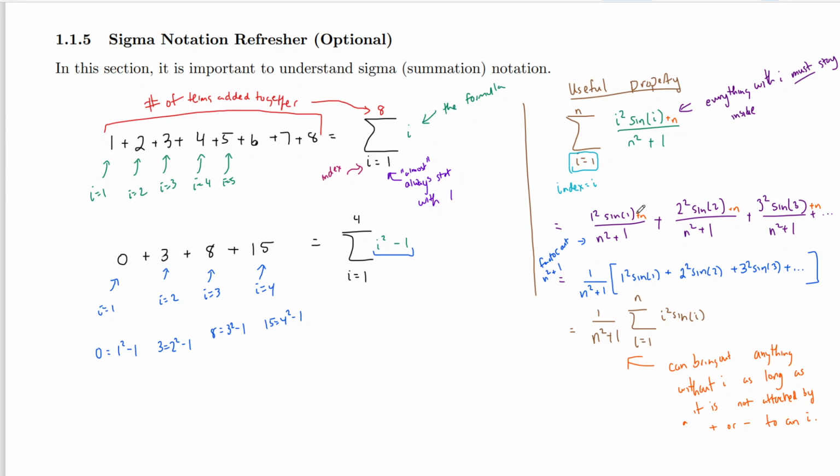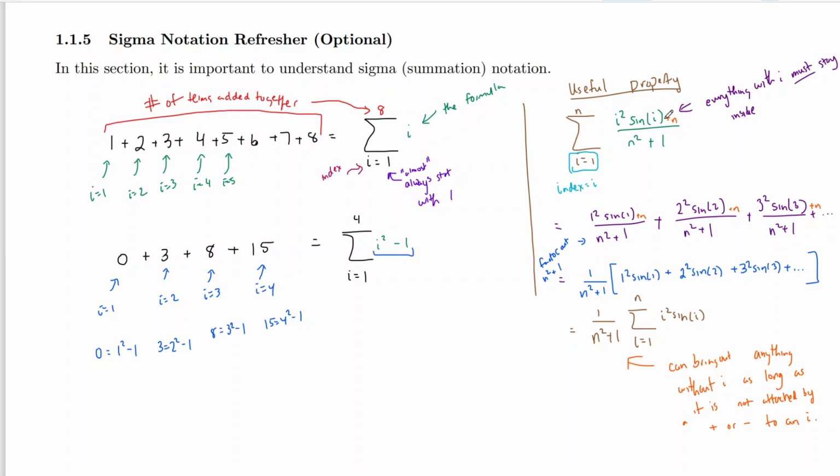Well, we can't factor out a plus n because we know how to deal with fractions and factoring pretty well. We would only be able to factor it out if it was multiplying, because that's what's needed for factoring out.